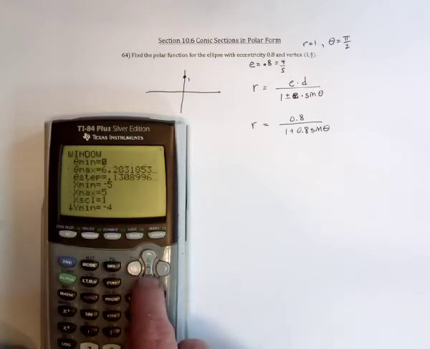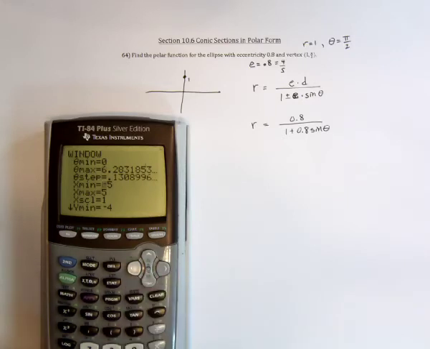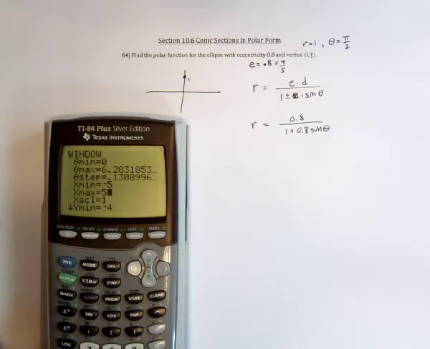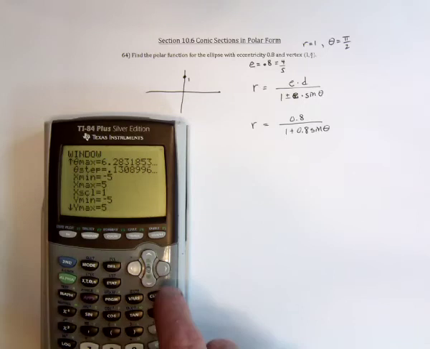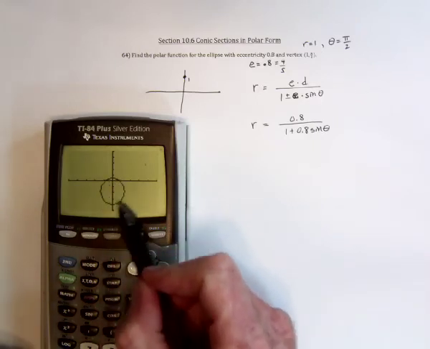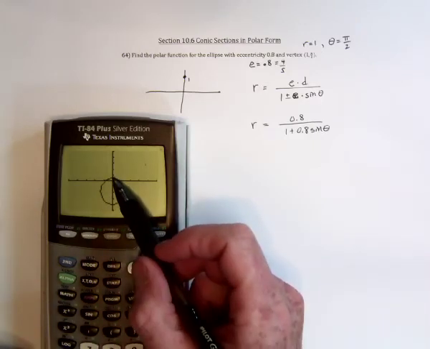For the window, theta is 0 to 2 pi, and then from -5 to 5, since that goes to a height of 1. And then, so it's going down, it's not quite hitting right here at this point.